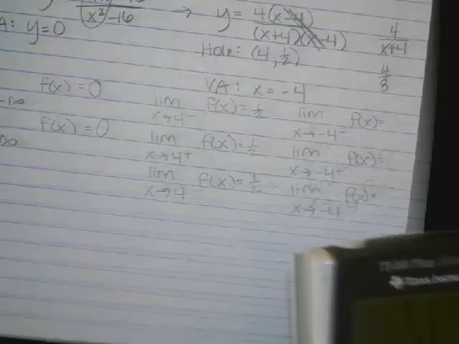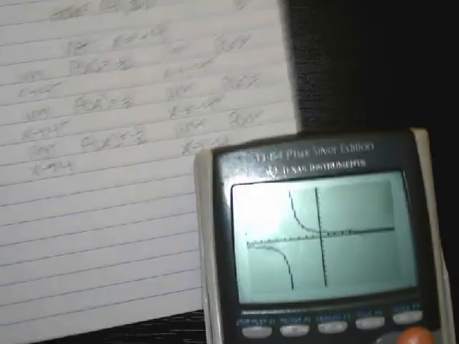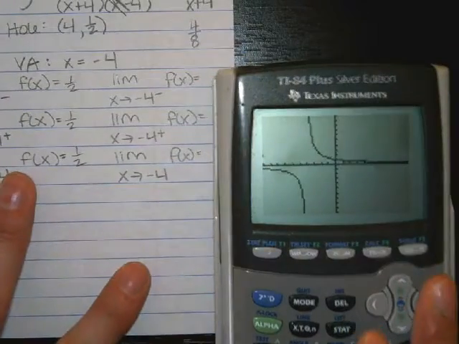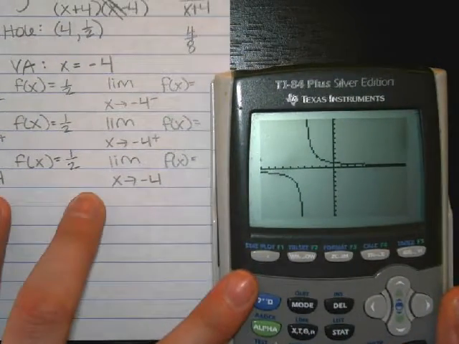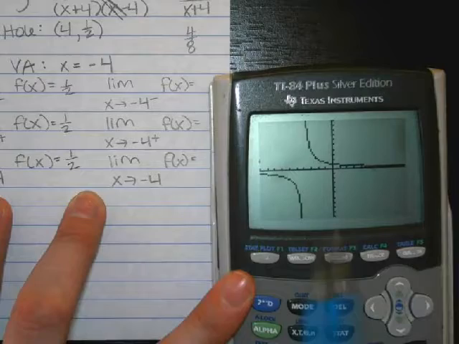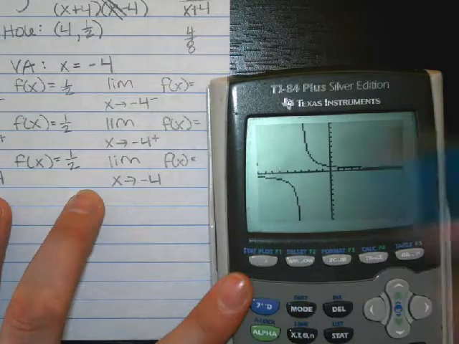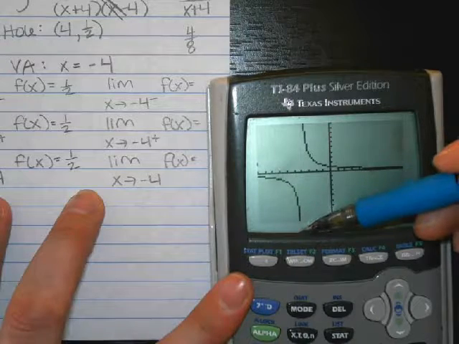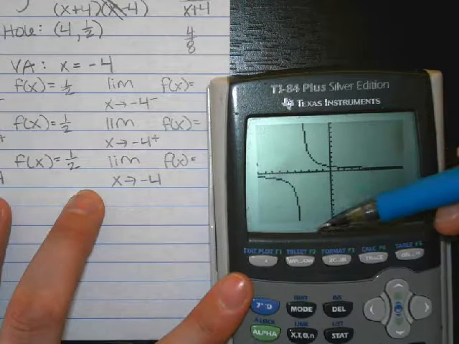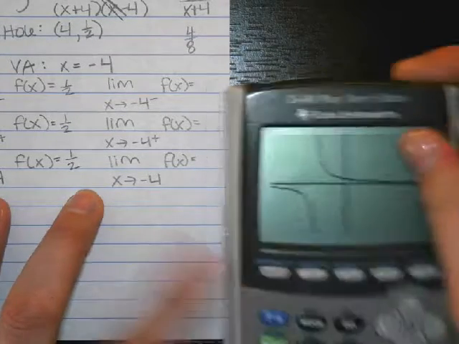Now we're going to go ahead and look at the vertical asymptote. Alright, so if I look at -4 from the left side, so I'm tracing it from the left, and I'm getting closer and closer and closer to -4, and my pencil is going down forever. What number is down forever? Negative infinity.